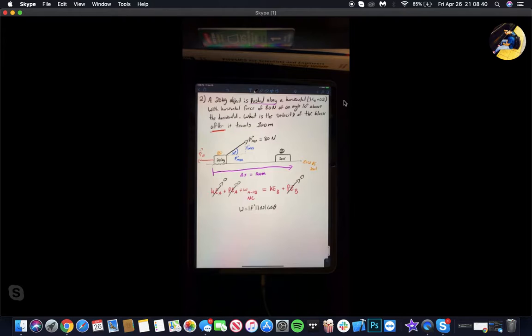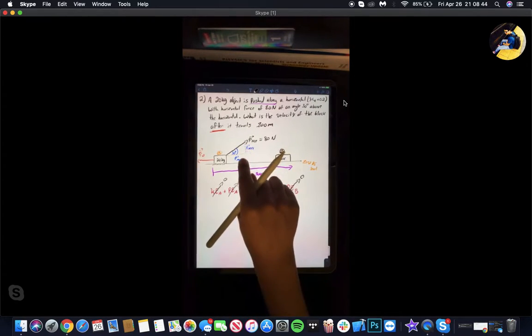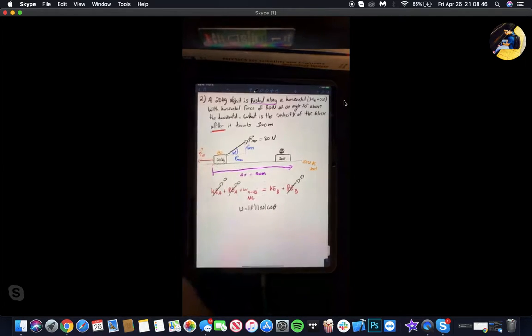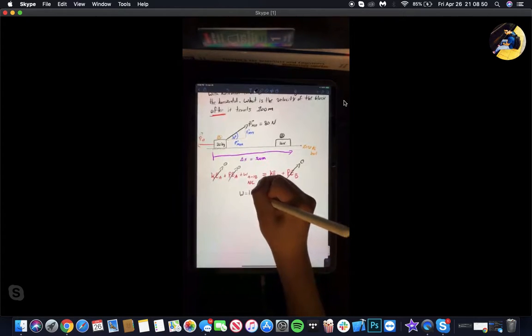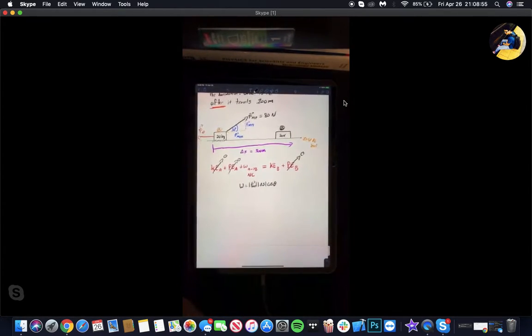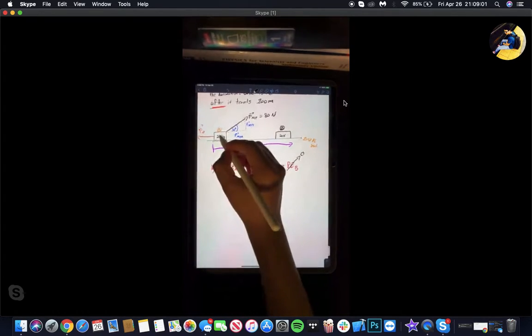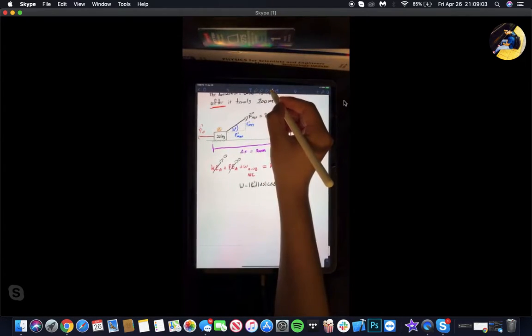And then the work from A to B. There's an F applied in the X direction, and there's force of friction. We have to find the net force. Let's bring this mass down here and do the free body diagram.